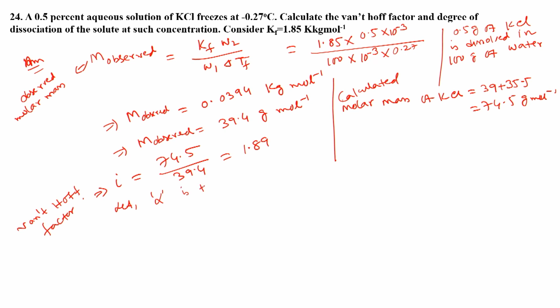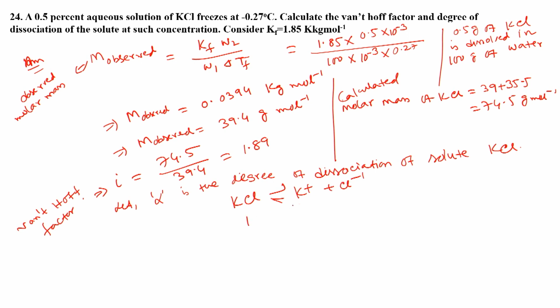Now let alpha be the degree of dissociation of the solute KCl. So KCl is in equilibrium with K plus and Cl minus. Initially we have 1, 0, 0, and 1 minus alpha gives alpha and alpha. So the total is 1 minus alpha plus alpha plus alpha, which gives you 1 plus alpha.